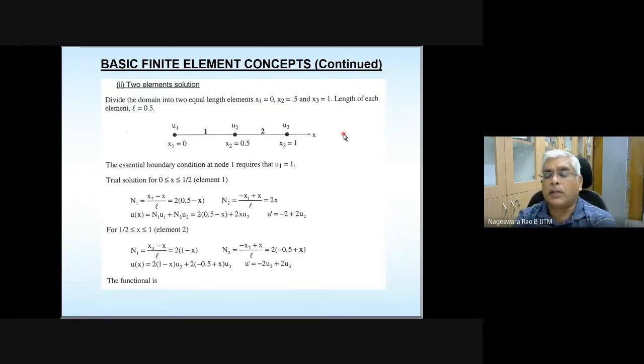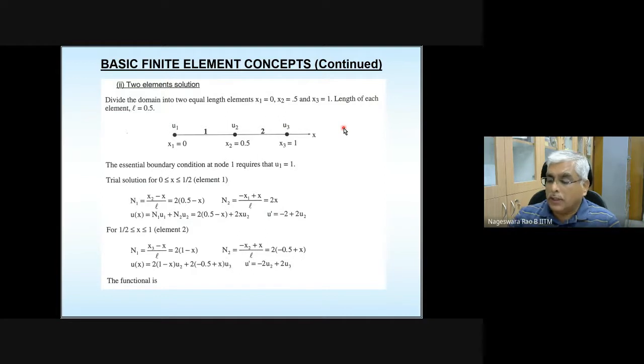If you are adopting two node elements, please take a note of it: if you use one element, you are going to have 2 nodes. If you use 2 elements, you are going to have 3 nodes. If you use 3 elements, you are going to have 4 nodes for two noded elements. So you can number them as 1, 2, 3, and one more node, the 4th node.